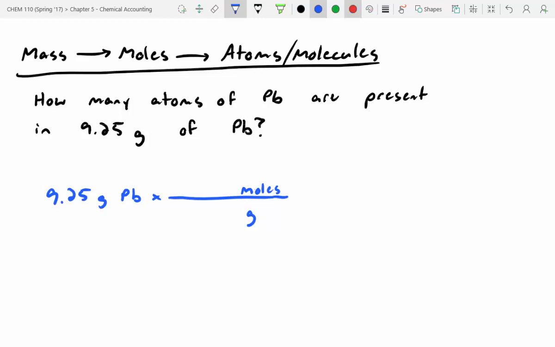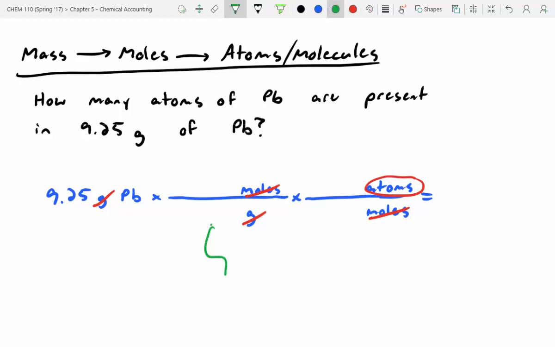That makes sense. So now we've canceled out that, but ultimately we're asking how many atoms we have. So we need to cancel out moles and get to atoms. And if we do this, we cancel out moles on the top and bottom, and we're left with our desired unit of atoms. But now we have to plug in numbers.